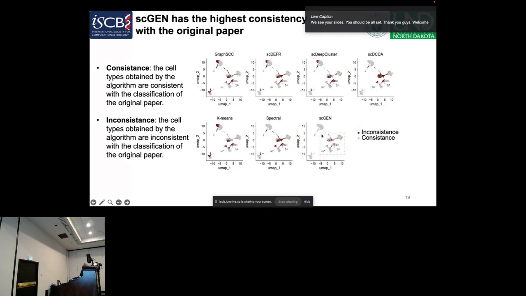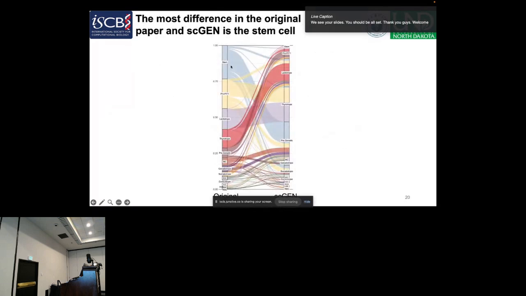However, among the inconsistent cells, the most notable difference is the stem cell. Stem cells classified as such in the original paper were classified as polygonal cells in scGEN.